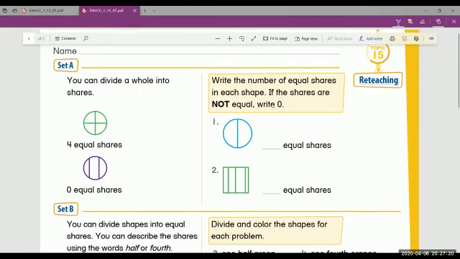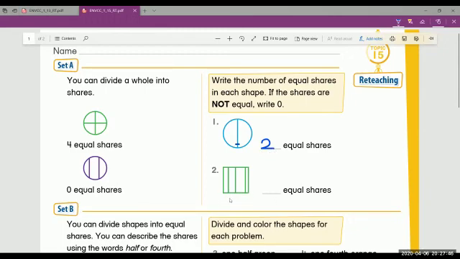If the shares are not equal, write 0. The first one, into how many shares is it divided? Into 2 shares. Are they equal? Yes, so how many equal shares? 2 equal shares.